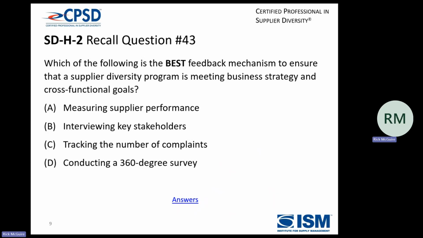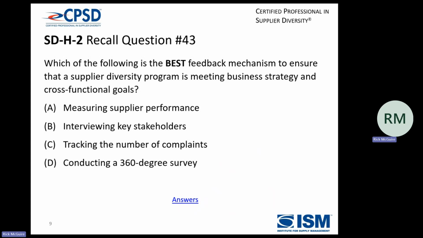All right, a couple questions for the group. Which of the following is the best feedback mechanism to ensure that a supplier diversity program is meeting business strategy and cross-functional goals? Measuring supplier performance, that would be the answer. Interviewing key stakeholders, I don't think so.